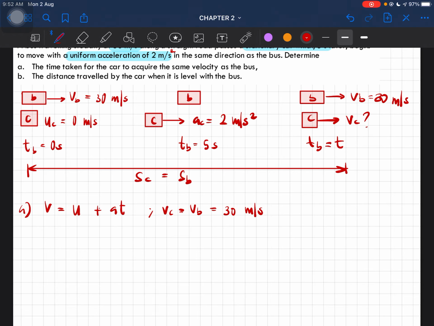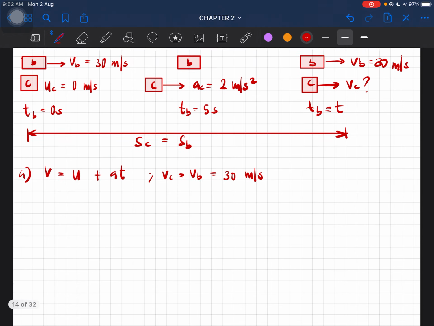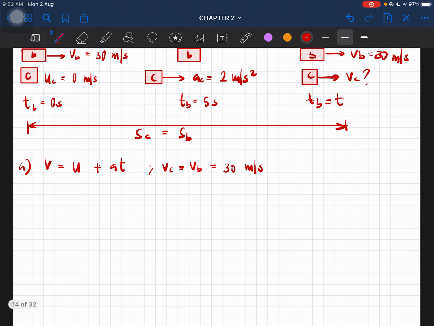So the car's speed is equal to 30 meter per second as well. But when is it? When will the car have the same velocity? We then calculate using this formula: 30 equals 0 plus 2 t_c. So the time taken for the car to reach 30 meter per second is then 15 seconds. Okay, so this 15 seconds is for it to reach 30 meter per second.